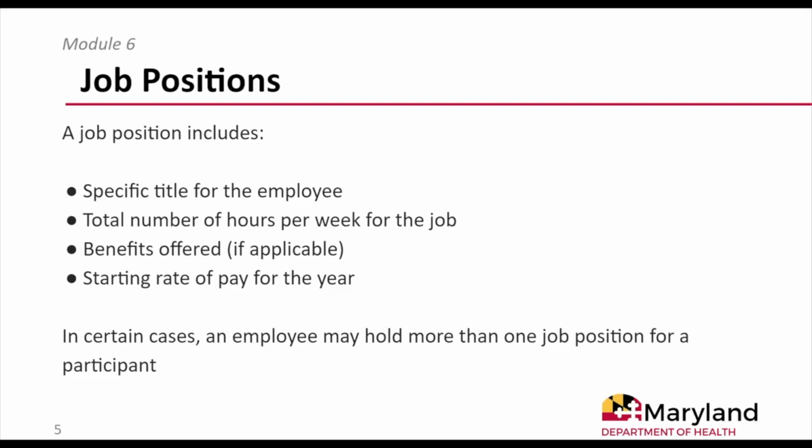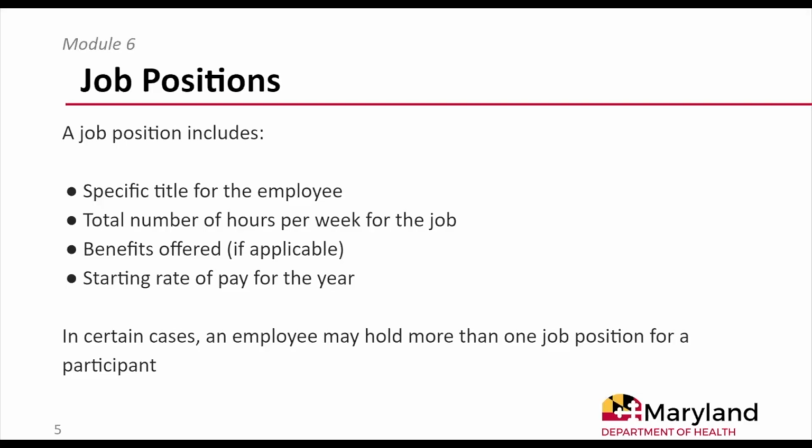The job title is always determined by the participant employer. The job position should also include the total number of hours per week the job requires. It should also include whether or not the position is full-time, which is between 30 and 40 hours per week as defined by the employer, or part-time, which is less than 30 hours per week.